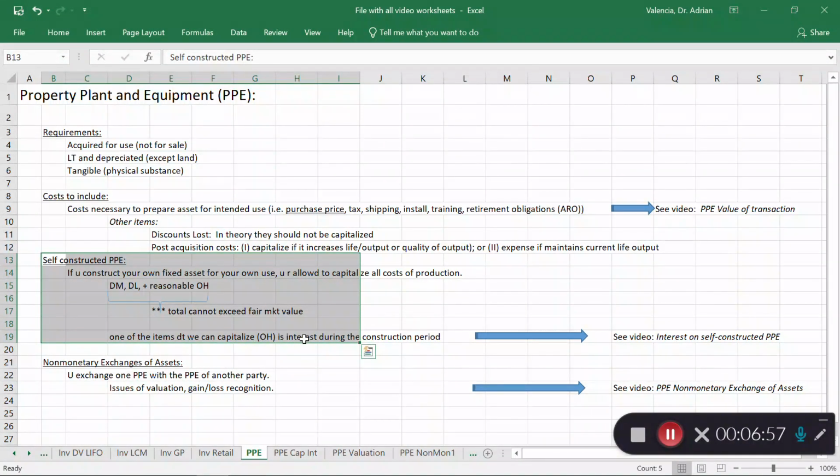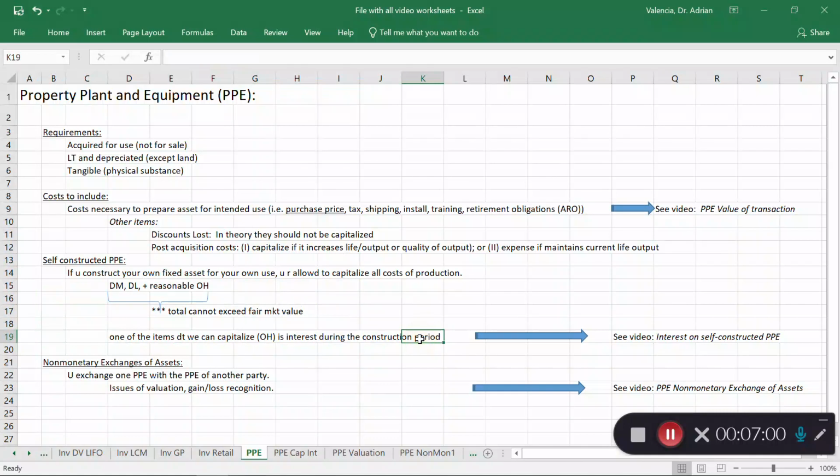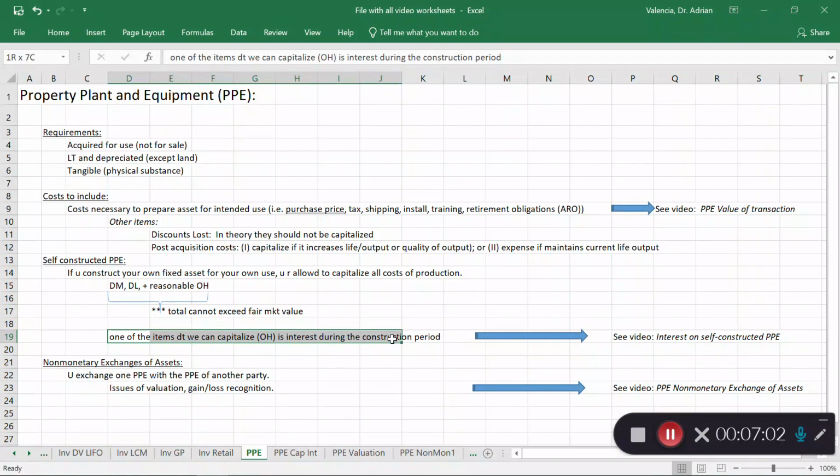Now, there are some rules, and they're pretty detailed as to what amounts you can capitalize. I encourage you to watch this video here on interest on self-constructed property, plant, equipment. It has all the details as to what we are allowed or not allowed to capitalize.